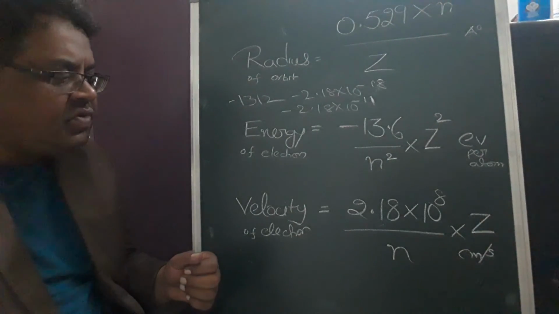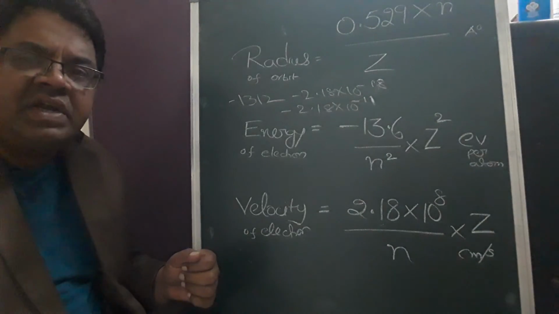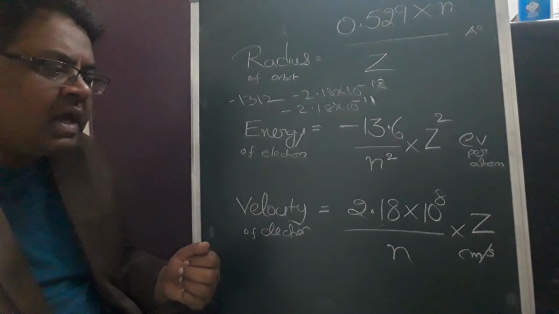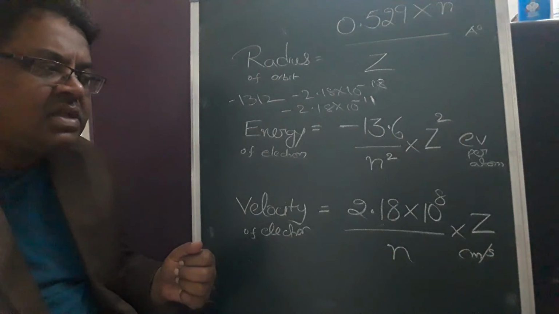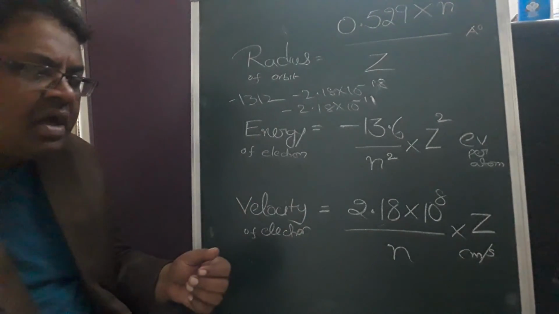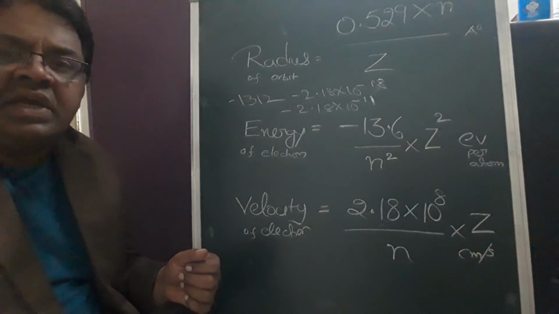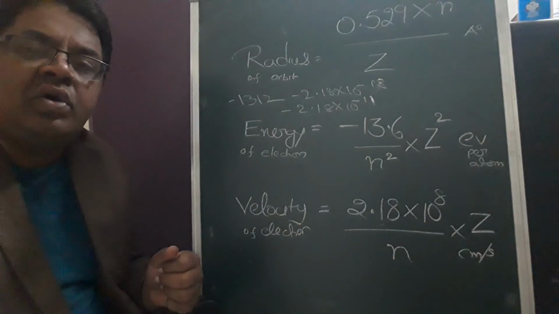Then the velocity of the electron. For the velocity of the electron, we use the formula 2.18 × 10^8 × Z/n centimeters per second. Here also n is the number of the shell and Z is the atomic number.